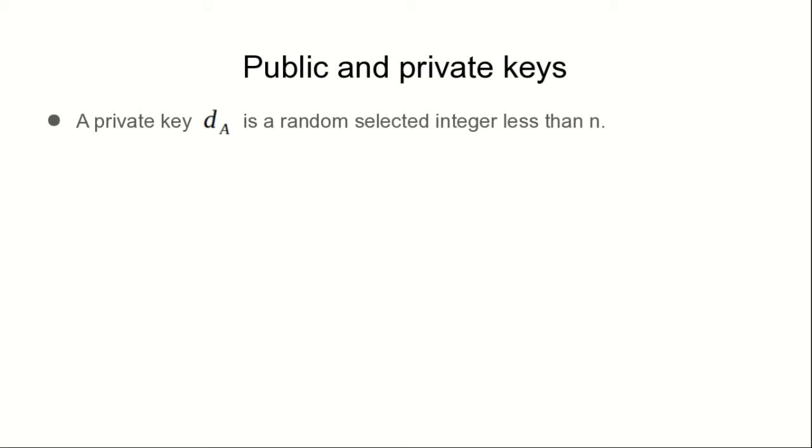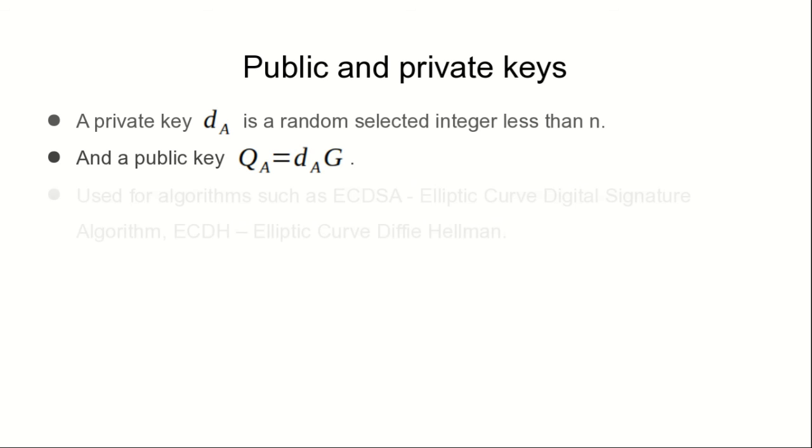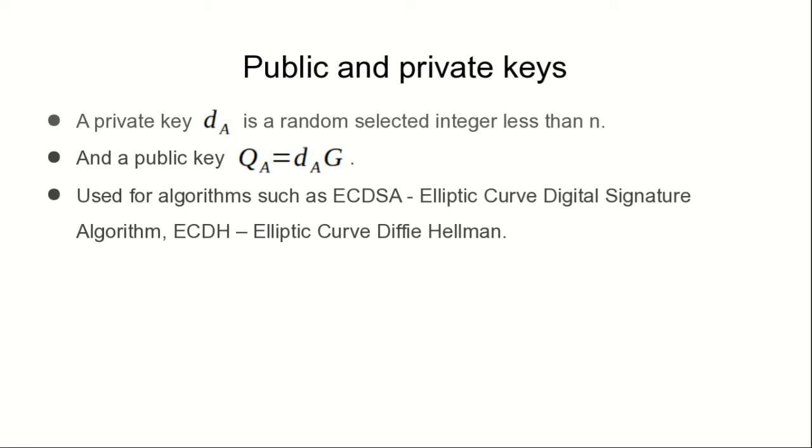A private key can be selected randomly as any integer less than n, and the public key can be computed by dA times the generator G. And with the public key and private key, we can now use them for algorithms such as ECDSA, the elliptic curve digital signature algorithm, and ECDH, elliptic curve Diffie-Hellman.